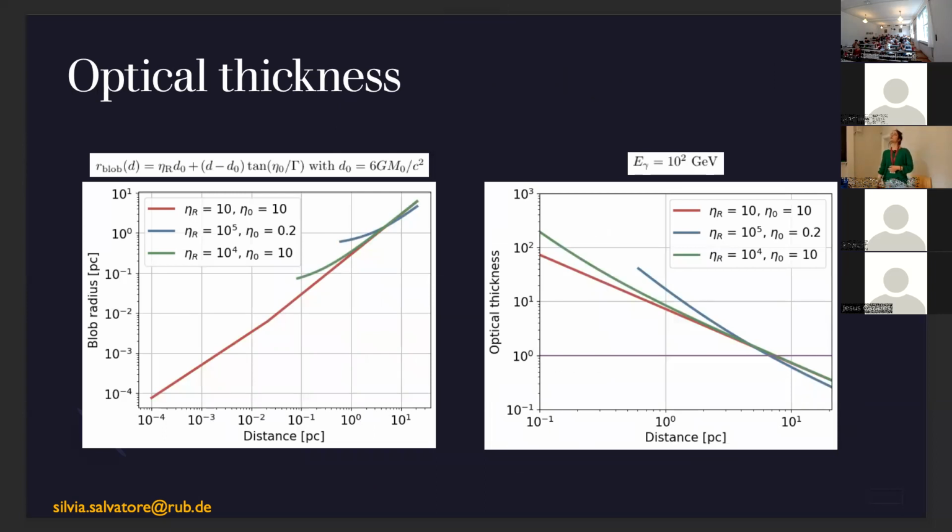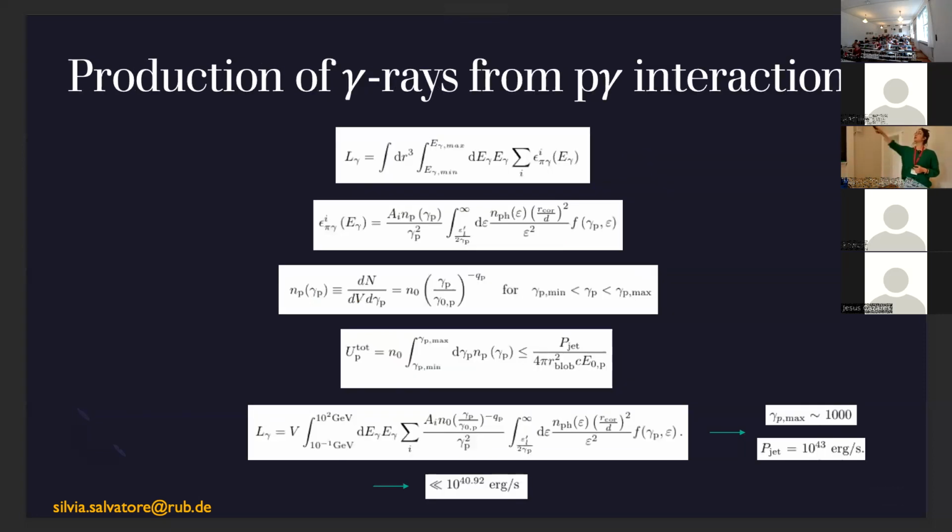We also asked ourselves, what happens if I imagine this blob to be even closer to the corona? Because in the final expression that you see for the luminosity of the gamma rays, there's a dependence on d to the -2.